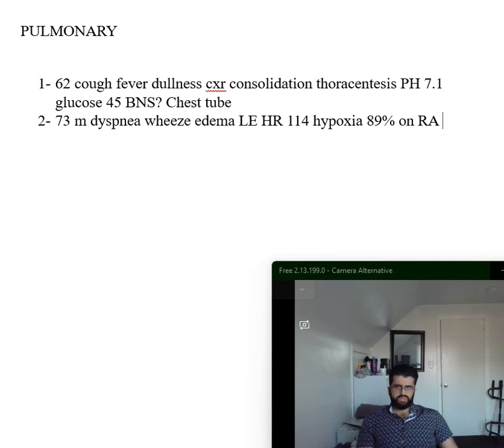So lower extremity edema, some wheezing and some JVD, and hyperinflated lung on the chest x-ray. There's some atelectasis, so chest x-ray didn't show much.